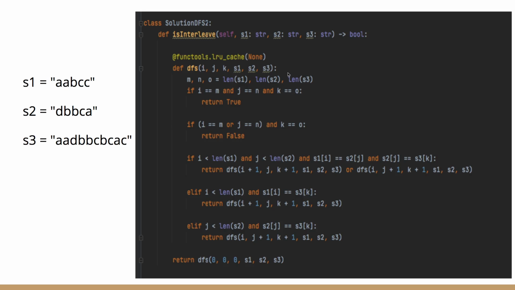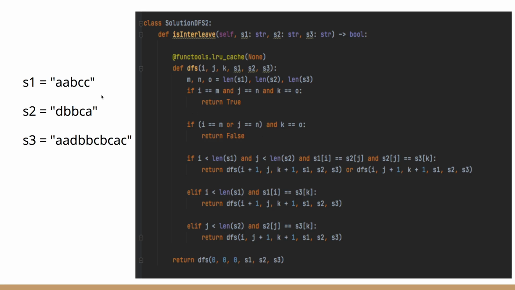This time, in terms of the inner function, we actually don't have to pass S1, S2, S3. This looks confusing, but just ignore these 3 parameters and imagine that we have these 3 indices: I, J, and K start from here, here, and here. Let's check the base case first this time. When I and J reach the end and K also reaches the end, that means I, J, K exactly matched what we want, and we return true.